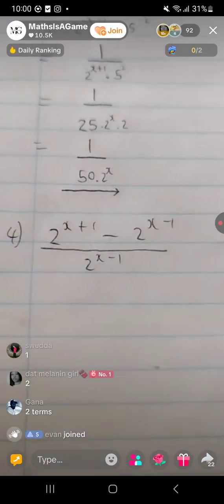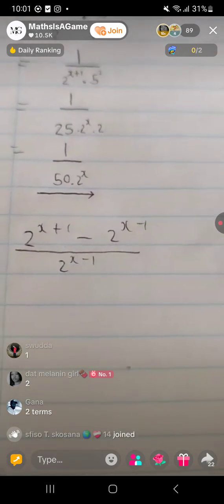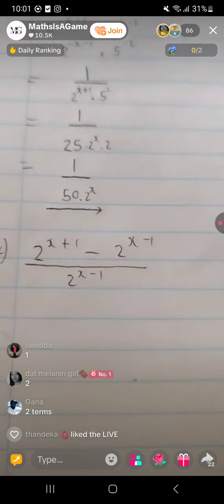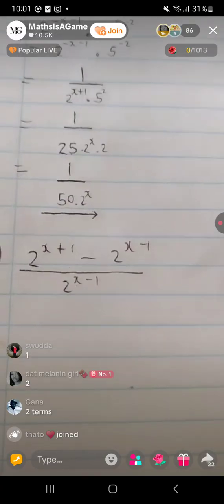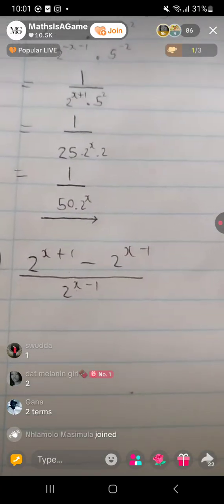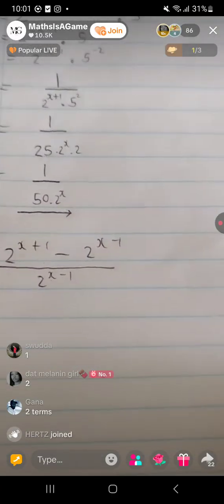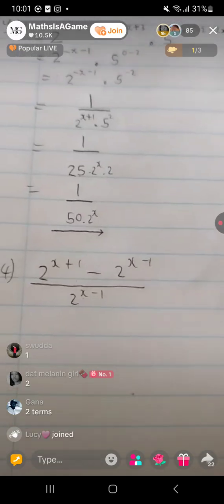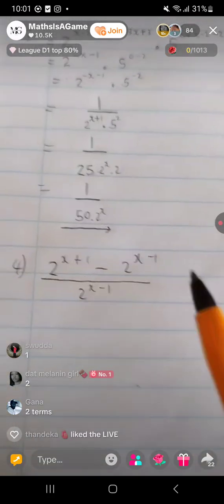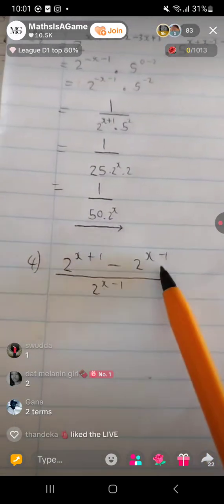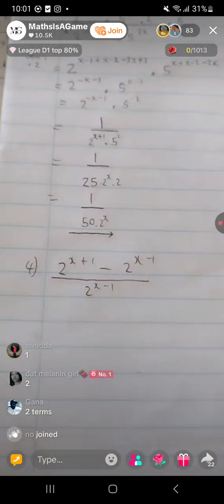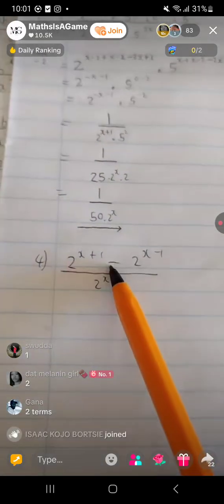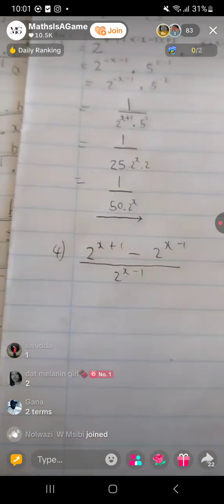If we have 2 terms, it means we can't apply law number 1 and 2 as we usually would. It's not possible to apply law number 1 and 2 if there's a minus sign between terms. What we need to do now is look at a different approach.